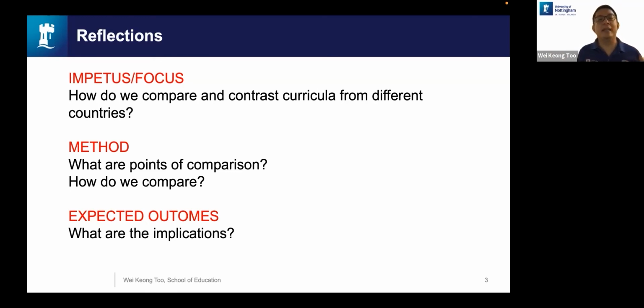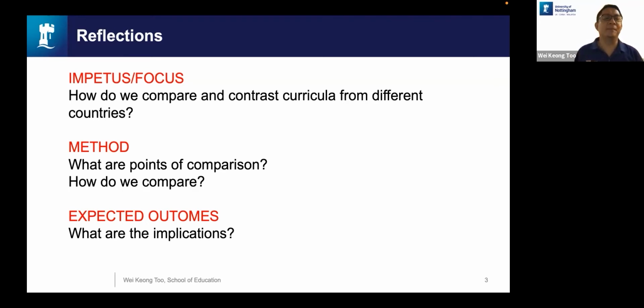How do I compare and contrast curricula from different countries? Because there's no way I could compare them, am I right? So therefore, I go to the second reflection. If I can't use a one-size-fits-all comparison, how should I go about it? How do I narrow it?